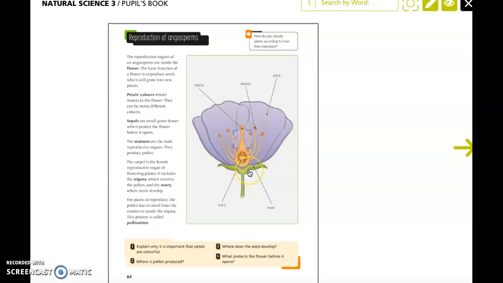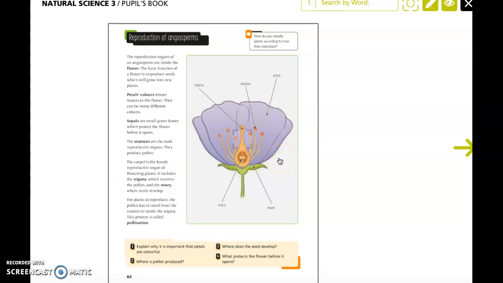The stamen are the male reproductive organs. They produce the pollen, so here are the stamen, which produce the pollen. And then we also have the carpel, which is the female reproductive organ of flowering plants. It includes the stigma, which receives the pollen, and the ovary, right here, where seeds develop.